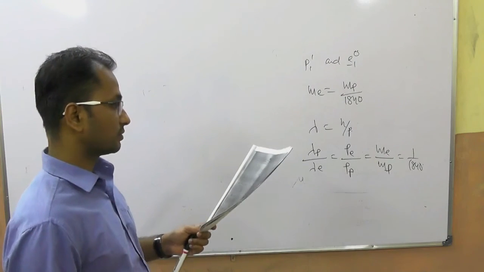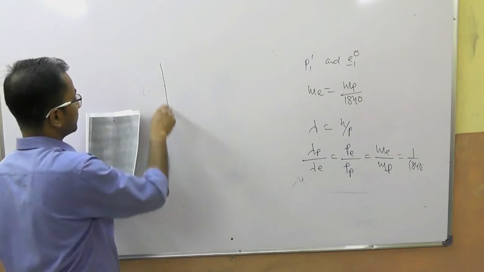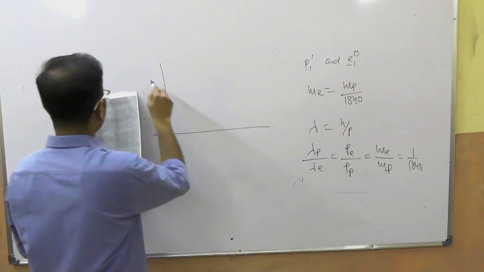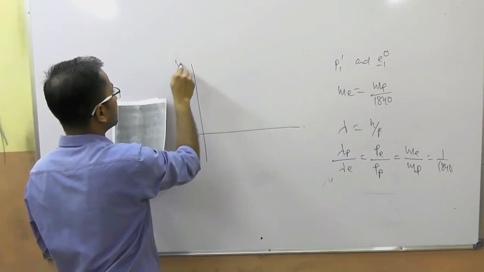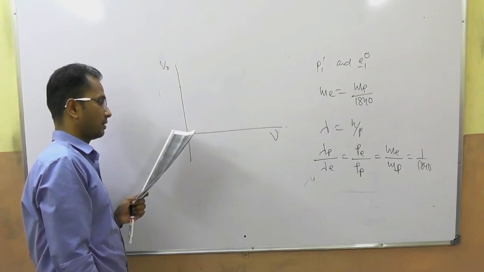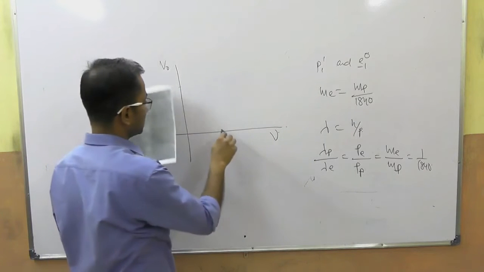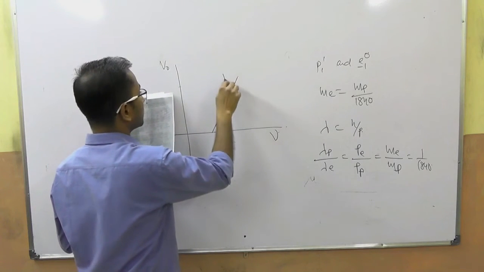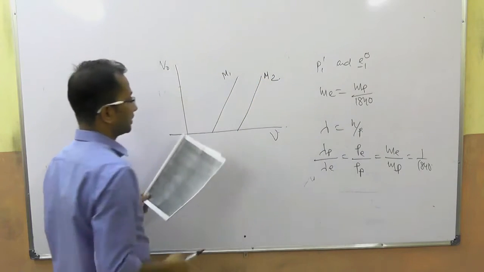Okay, so a stopping potential versus frequency graph is given for two different photosensitive surfaces, M1 and M2.